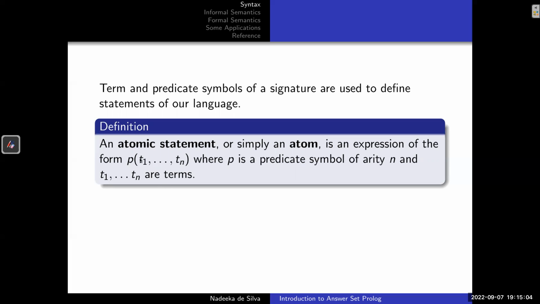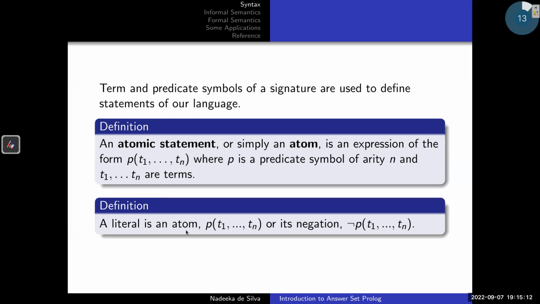If the terms in the atomic statement are ground, we call them ground statements. Then a literal is an atom or its negation. Here this negation is the negation from classical logic.